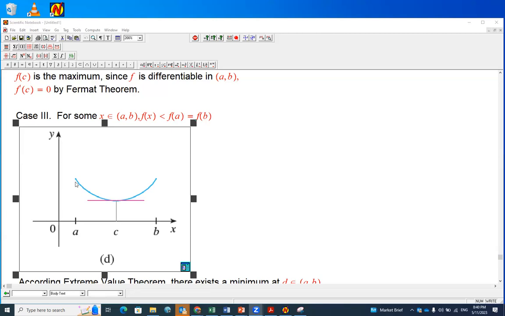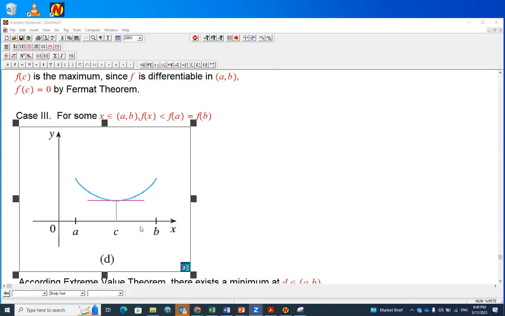In the third case, f(a) is f(b), they're the same height, and there's a number that's less than f(a) and f(b). So the minimum must be less than f(a) and f(b). According to the extreme value theorem, the minimum does exist.